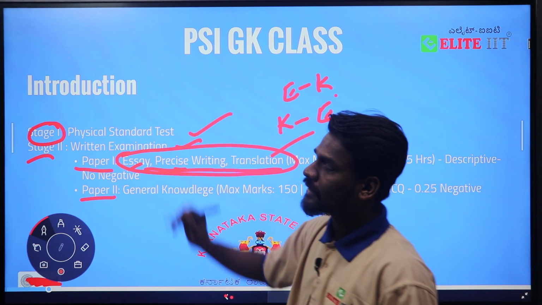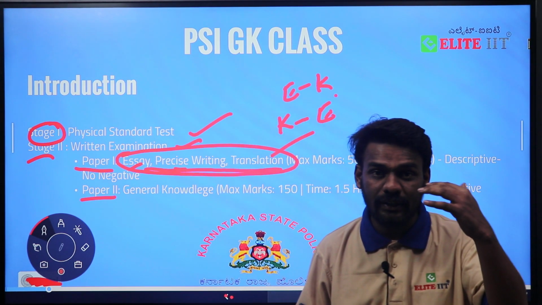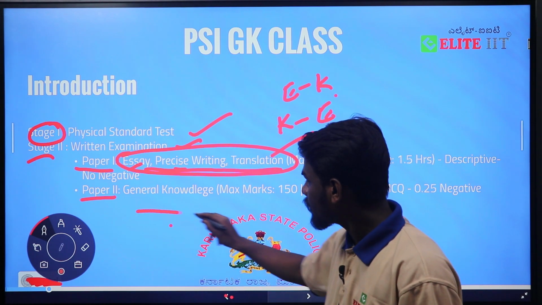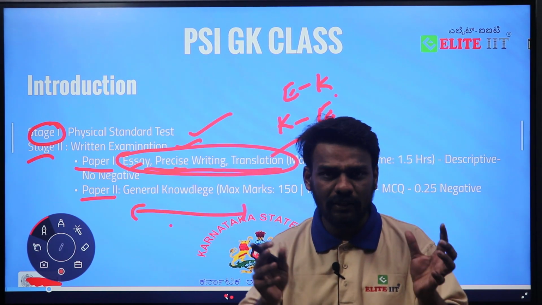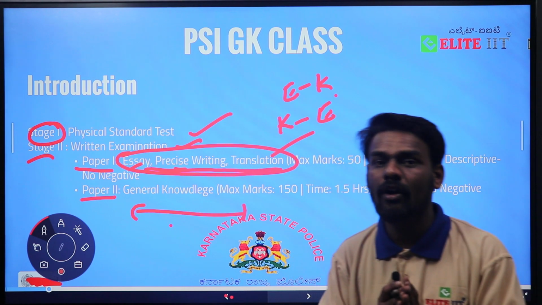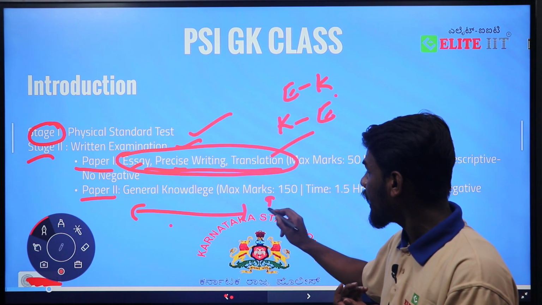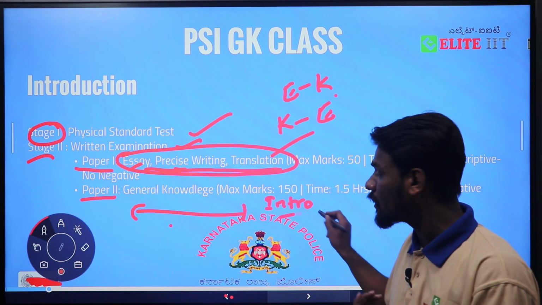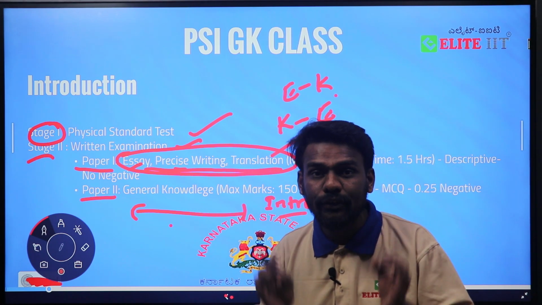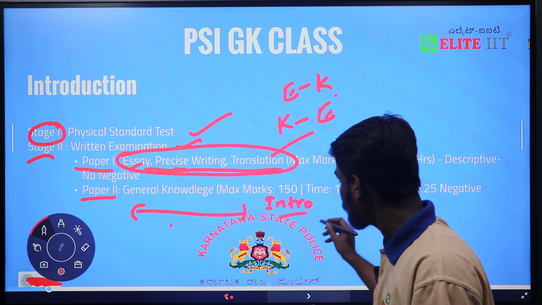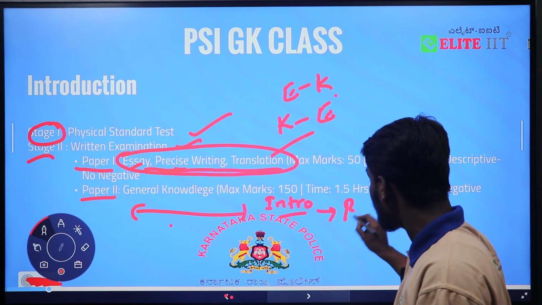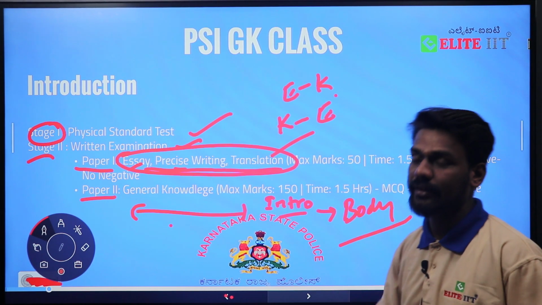Essay writing means, we know how to write an essay. They will give one specific concept, and on that concept we have to write the essay. First we will give a proper introduction, and then we will move on to the body of the essay.